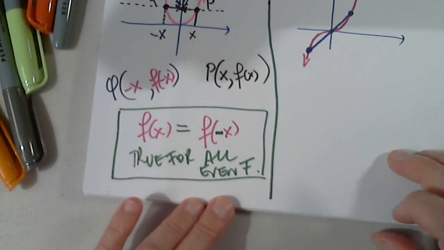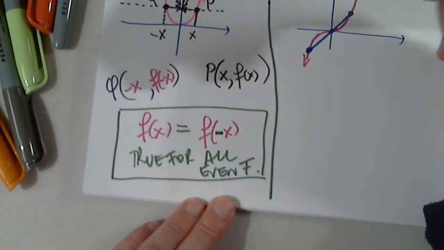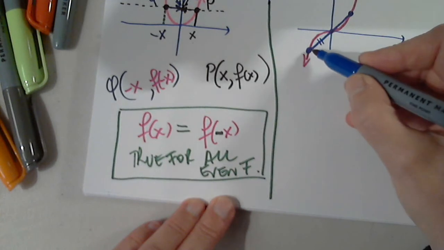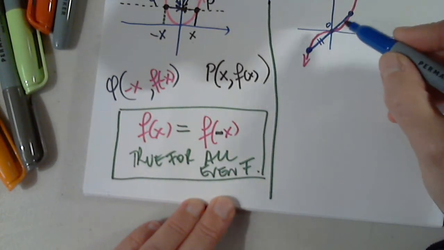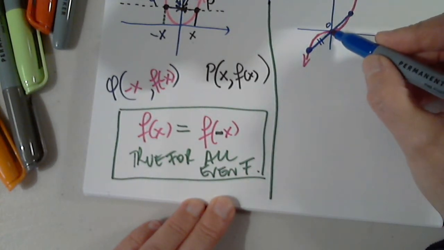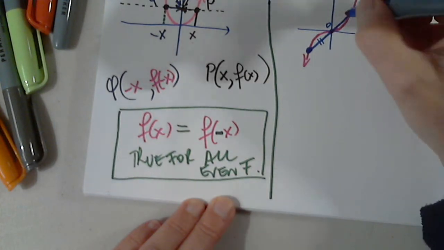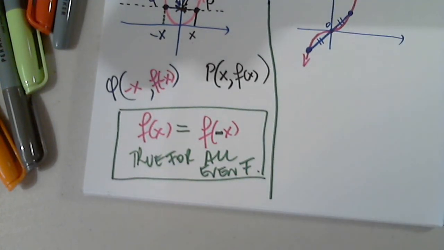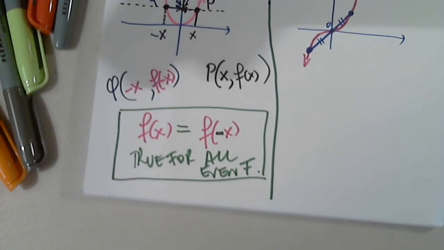As you see, my graph is not perfect, but this is an odd function, and this piece from here till the origin must equal this piece from the origin to the other side. If that happens, the function is odd.